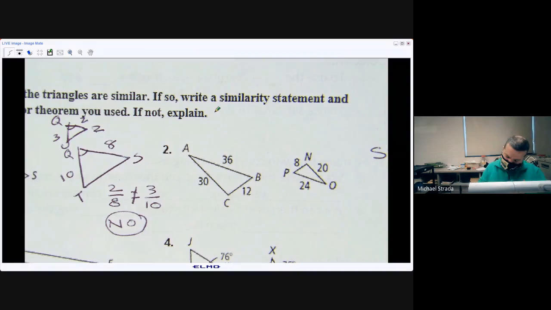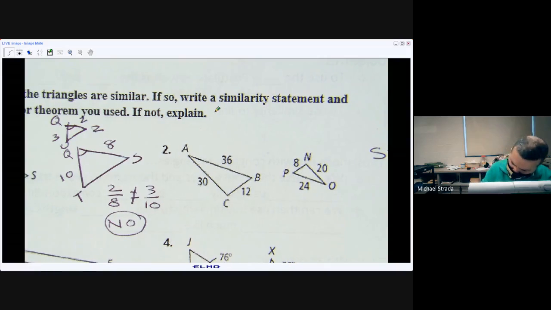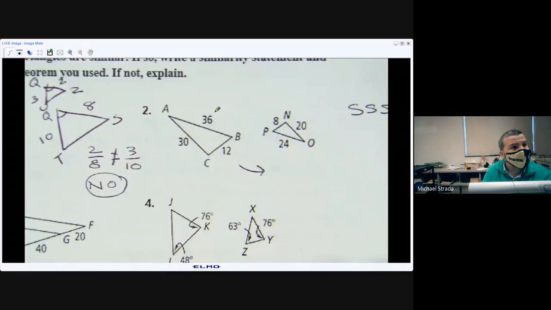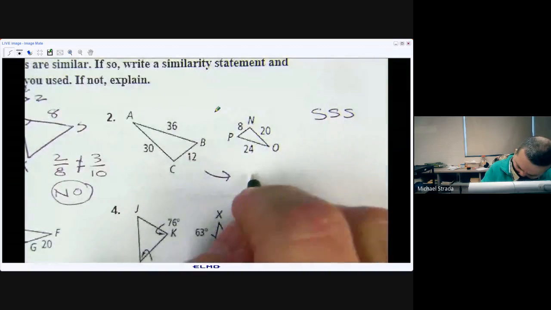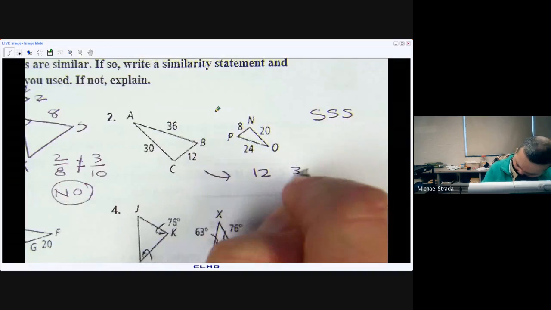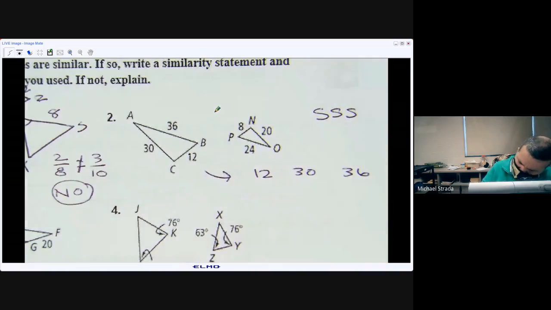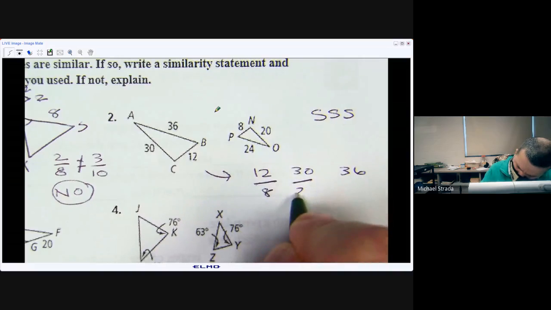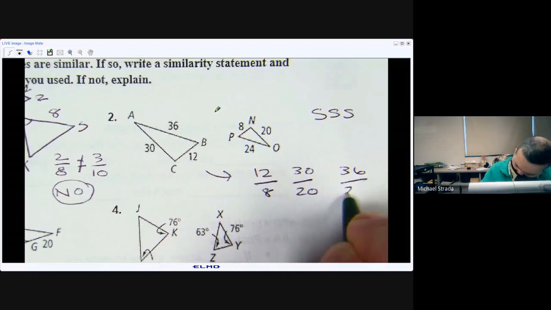Okay, so me, I'm going to take ABC and go from least to greatest. Just the way I do it. So 12, 30, 36. Then I'm going to go to NOP and do the same thing. The least is 8, the middle is 20, and the greatest is 24.